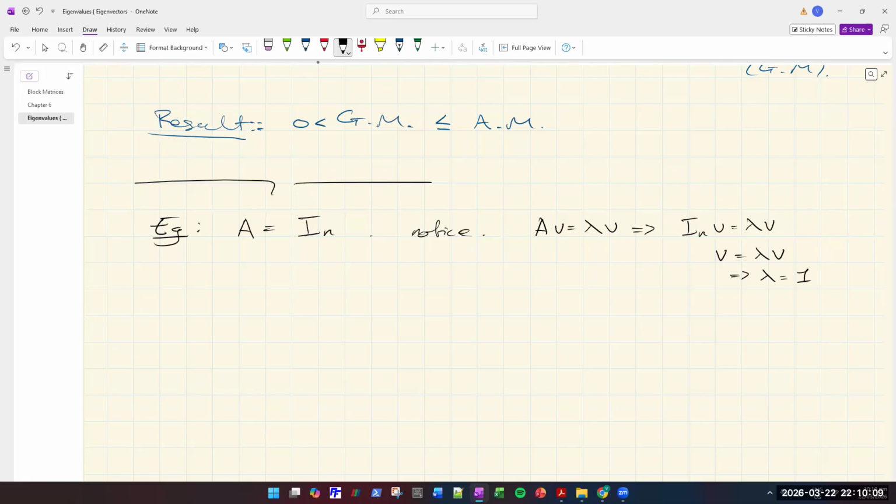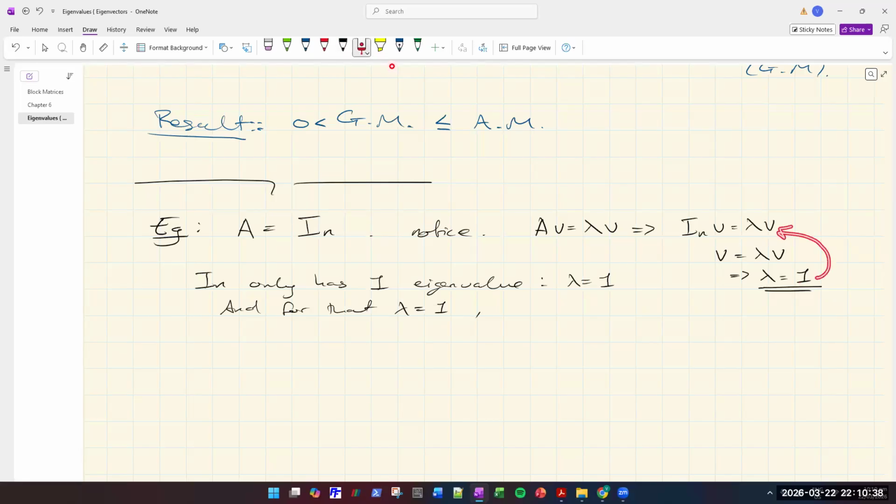So what I'm trying to say here is that this matrix only has one eigenvalue. It's 1. And for that eigenvalue, so for lambda equal 1, if I plug lambda equal 1 in this equation, I get the identity times a vector equal lambda, which is 1, times the vector, which is the vector.